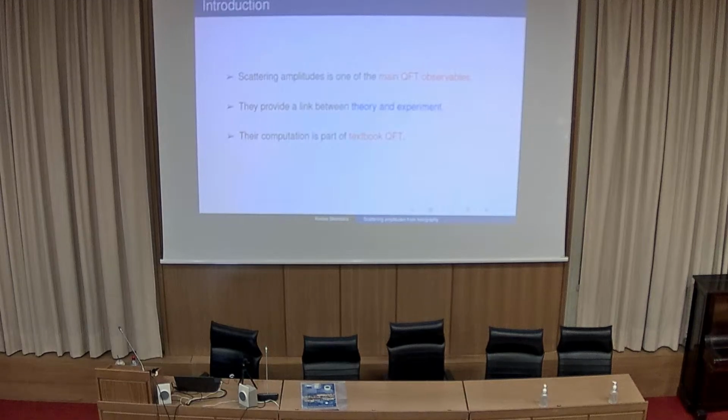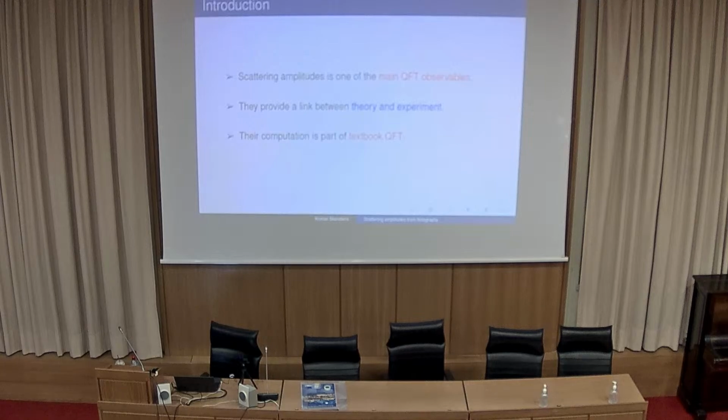And as physicists, we have to think not only about theory, but also how to connect with reality and how to connect with experiment. And the computation of scattering amplitudes is kind of standard part of textbook quantum field theory 101. And yesterday the last talk discussed some kind of new ways to approach the problem using ideas from N equals 4 Yang-Mills and so on.